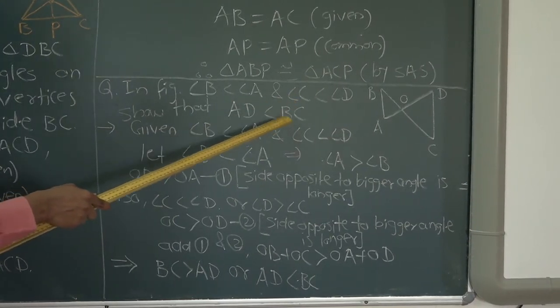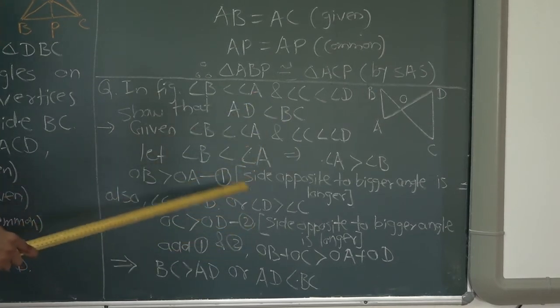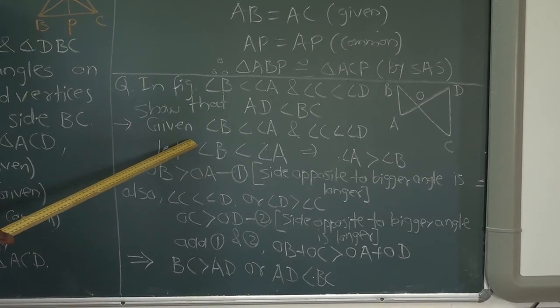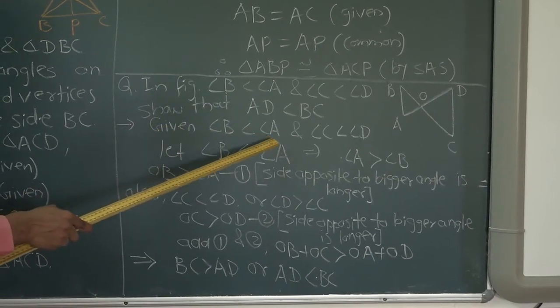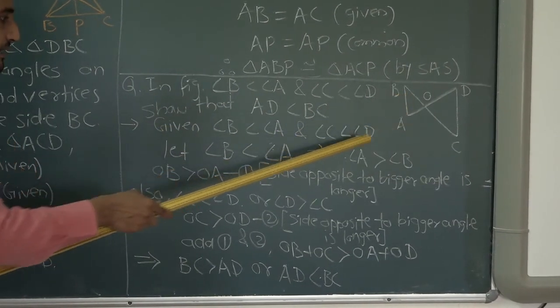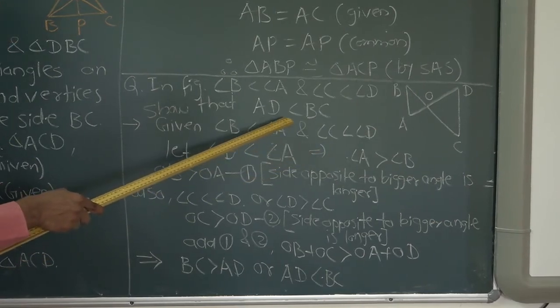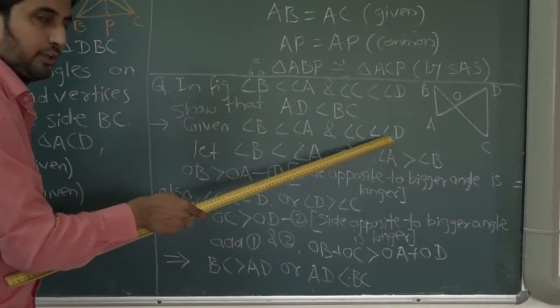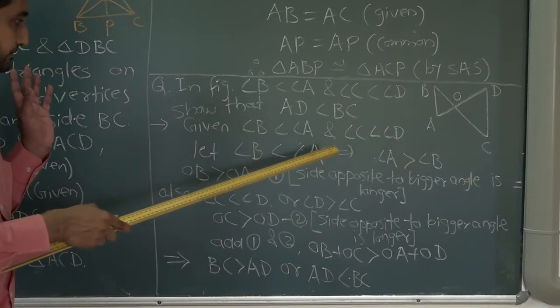How we have to show that, we are going to see here. Now, it is given angle B is less than angle A, and angle C is less than angle D. This is the given data.